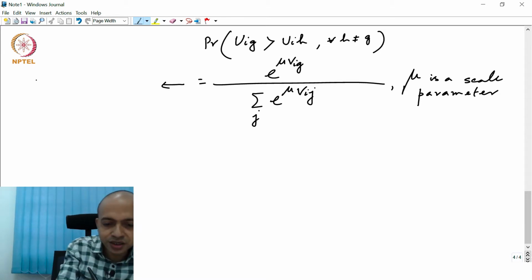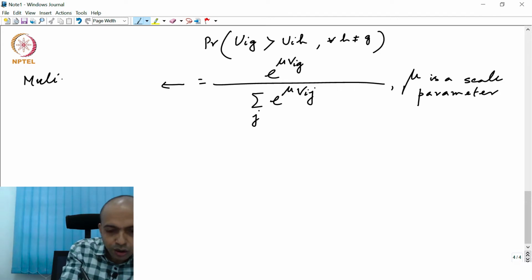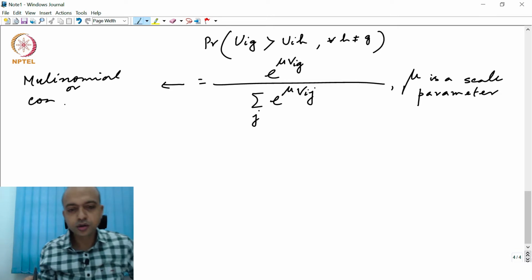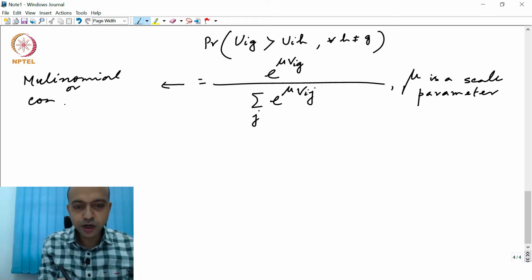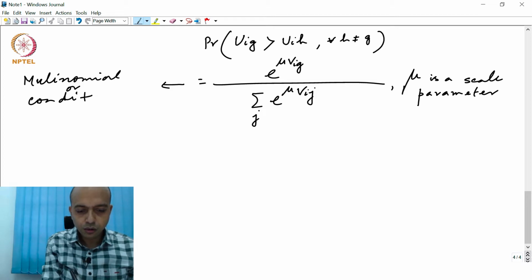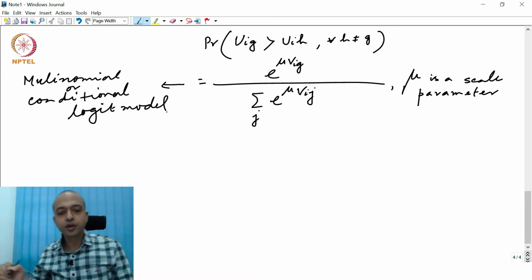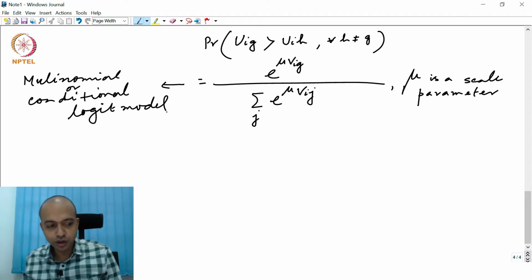This is the multinomial or conditional Logit model, right?